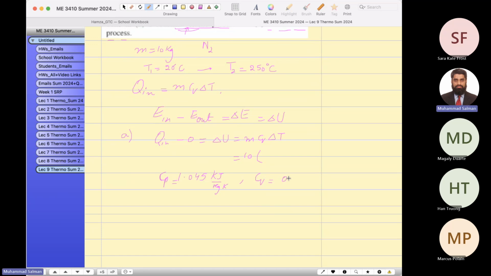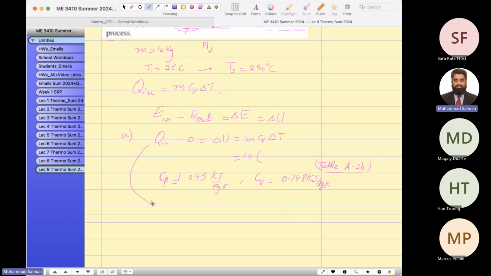Cv equals 0.748. Now you can plug it in.